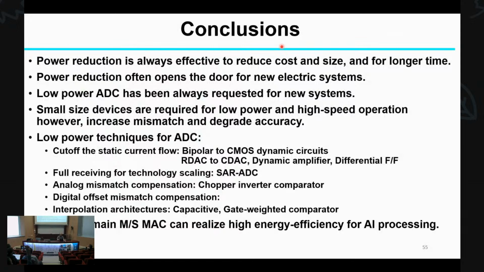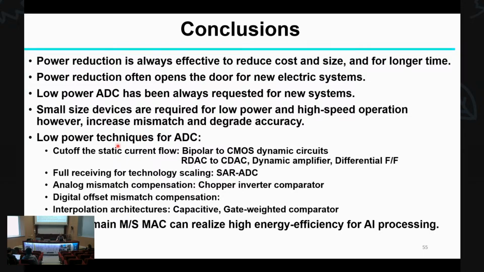In conclusion, power reduction is always effective to reduce cost and size and realize longer battery life. Power reduction also opens the door for new electronic systems, the wearable system and portable system. Low power ADC has always been requested for new systems. Small size devices are equivalent to low power and high speed operation. However, the increased mismatch decreases the accuracy.